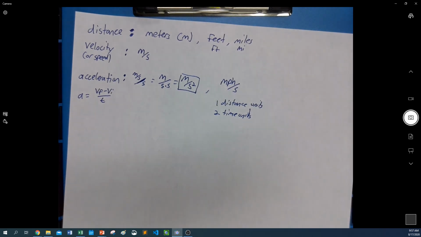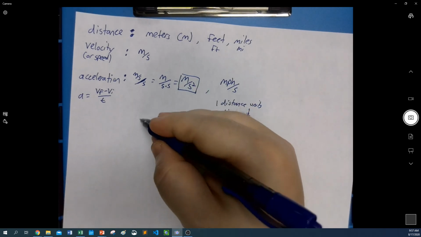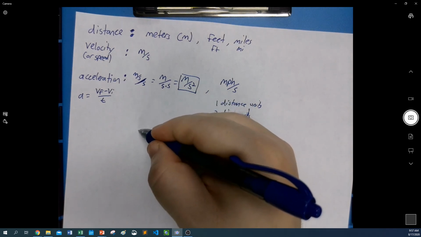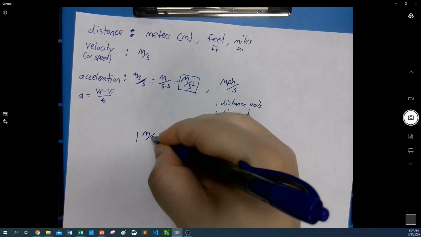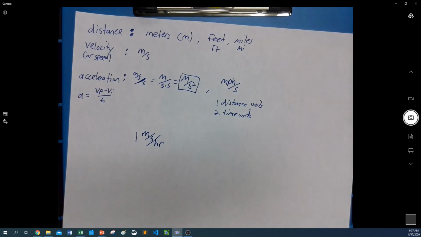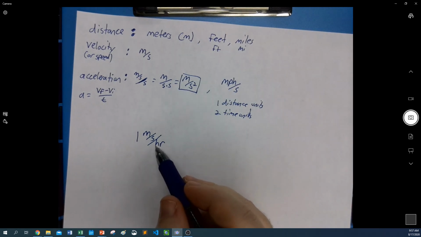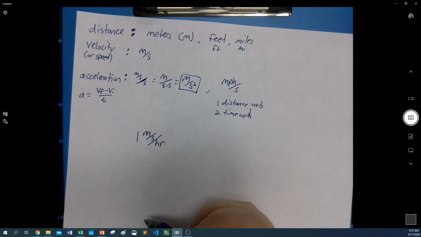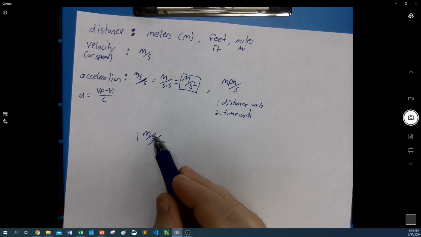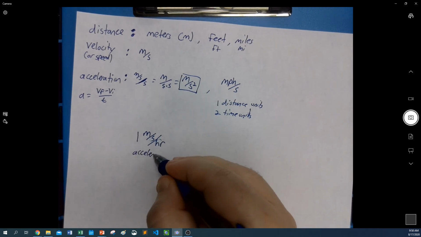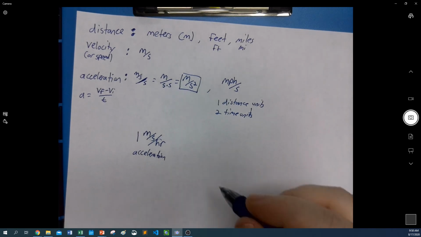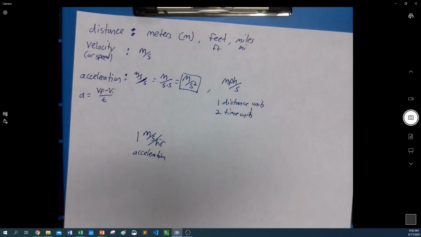Units are going to be very important because that's how you identify what the numbers are. If I say, for example, 1 meter per second per hour, what unit is this? Is it a distance, a velocity, or acceleration? It has 2 time units. It has a second and an hour, so that would be acceleration. Usually, again, we'll be dealing with meters per second.